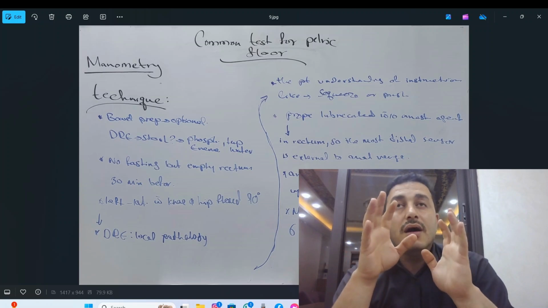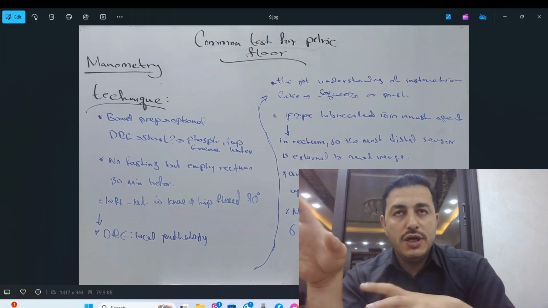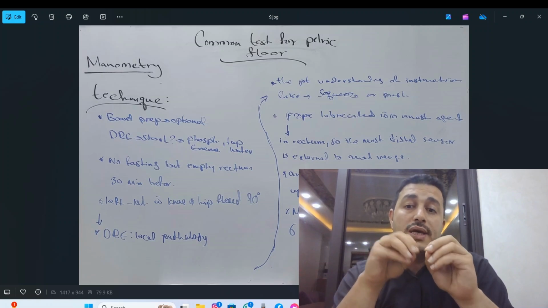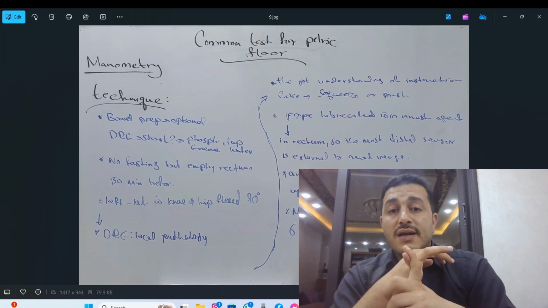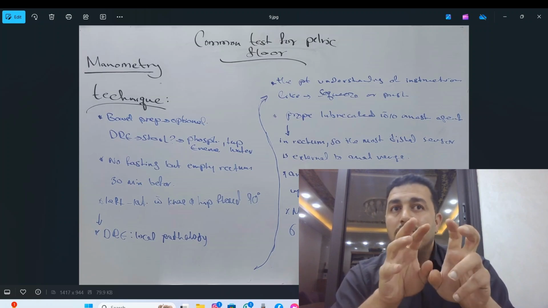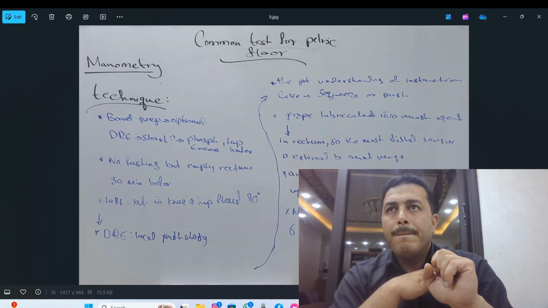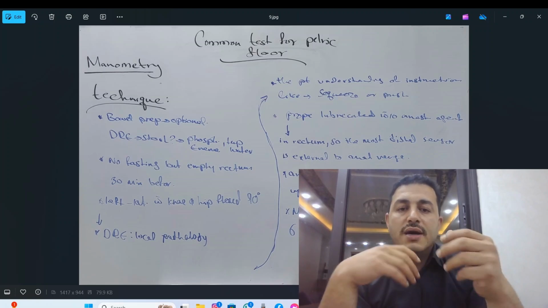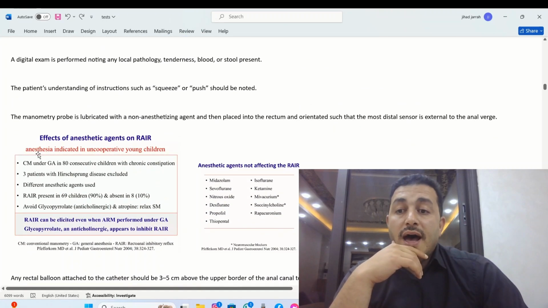In some intraoperative cases, especially children, it can even be done under general anesthesia, but in this situation we will lose some parameters that we can take from the manometry. For example, the rectoanal inhibitory reflex can be tested in some cases under general anesthesia, but it's preferred, of course, that the patient is conscious to follow our instructions. As you see in this picture, here is the effect of anesthesia.